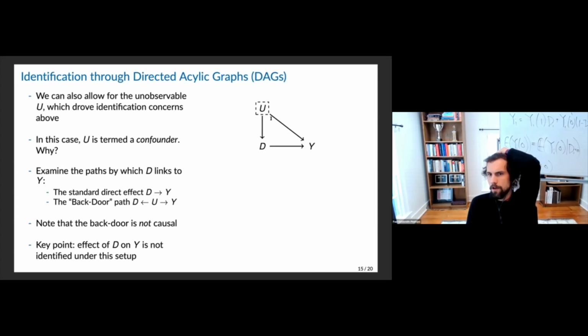But the idea is that when there is a backdoor path in addition to the direct effect, if you're not able to block that backdoor path, then the effect of D on Y isn't identified. And that is exactly the story that we were just doing with potential outcomes. The problem is that U affects both Y and the choice of D. And so then there's this contamination in thinking about our counterfactuals.